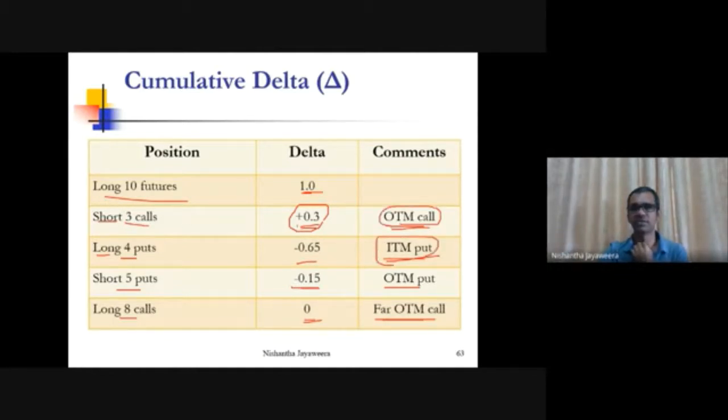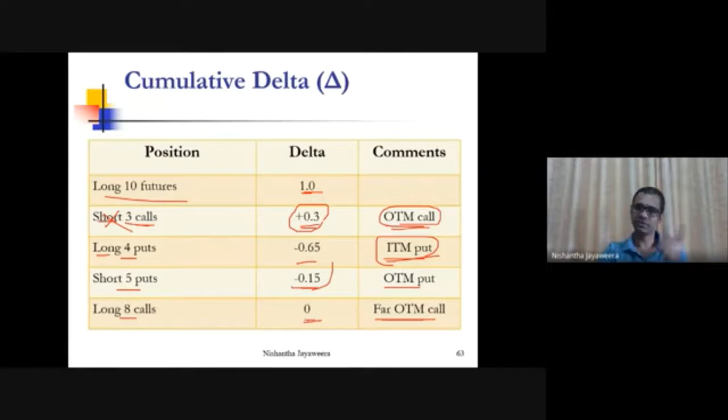And you can see short 3 calls, but the sign here is plus, because we forget about the short. Call option deltas are always positive. So that's why plus 0.3, but it is less than 0.5. At the money option has 0.5 delta. 0 to 0.5 is an out of the money call. 0.5 to 1 is an in the money call. Likewise for put options, -1 to -0.5 is an in the money put, -0.5 to 0 is an out of the money put. So that's reflected here.